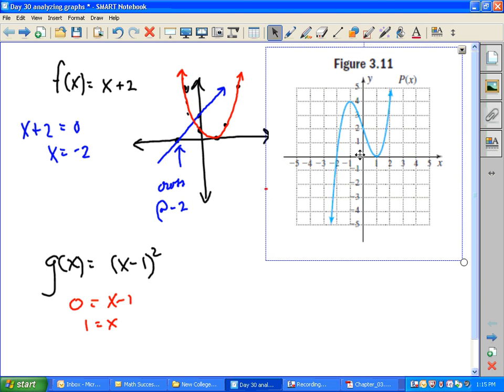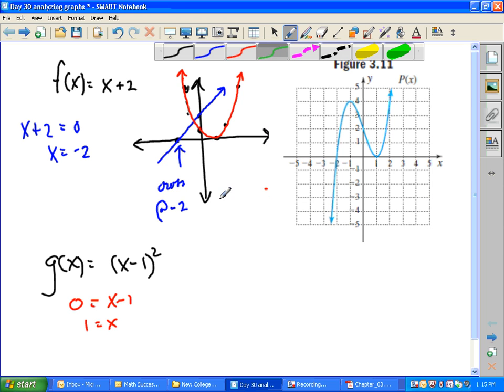You'll notice that this graph, which is of the function we'll call h of x, equal to x plus 2 times x minus 1 squared, whatever that is when you multiply it out, has the attributes of both the parent functions. This function crossed at negative 2, this function bounced off at 1, and notice the graph of this function crosses at negative 2 and bounces off at 1.